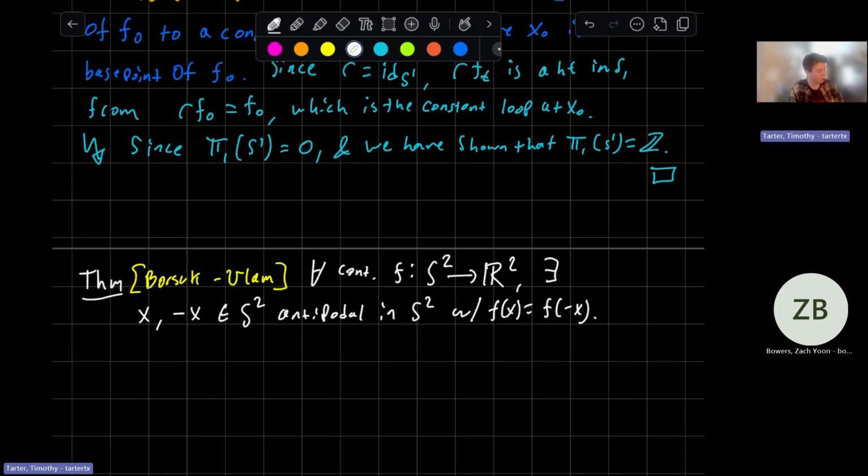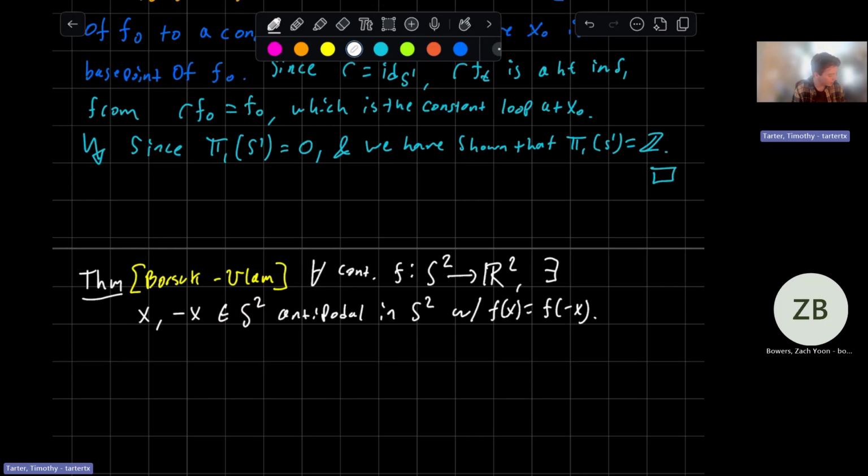Borsuk-Ulam also holds for n-dimensional sphere to Rn, as we will show in proposition 2B6. The proof for n equals 1 is easy since the difference f of x minus f of minus x changes sign as x goes halfway around the circle, hence this difference must be 0 for some x.